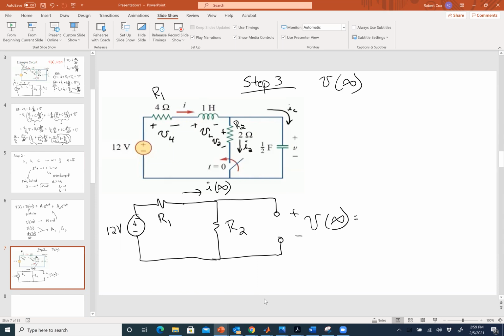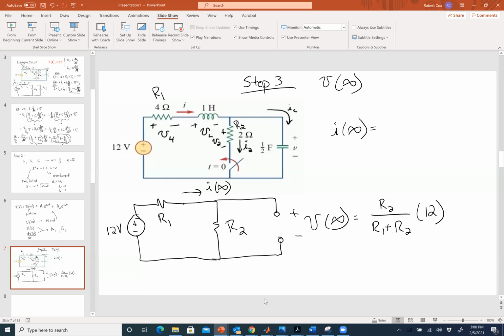V infinity, just do a voltage divider. Yep, it's a voltage divider, right? So R2 over R1 plus R2 times 12 volts. And what's I of infinity here? What's the steady state value of that current? 0?